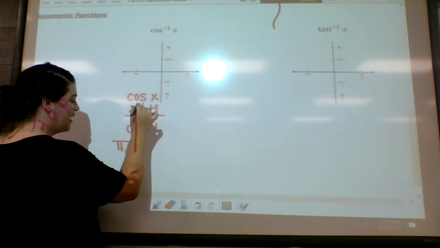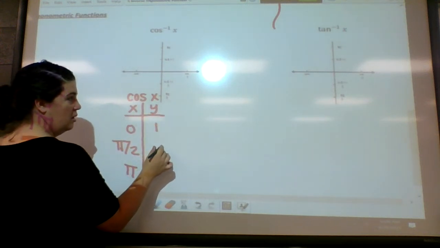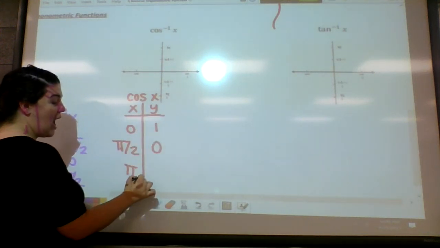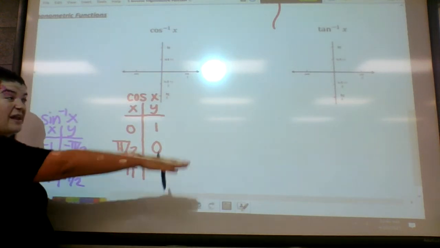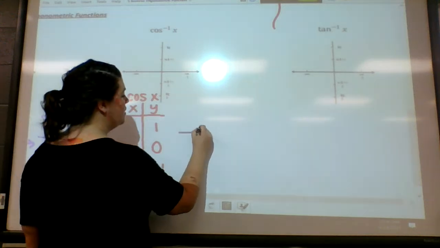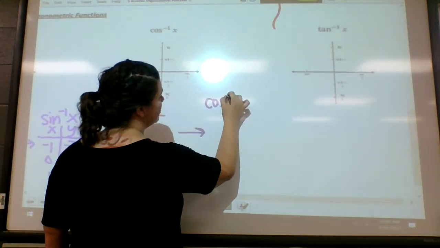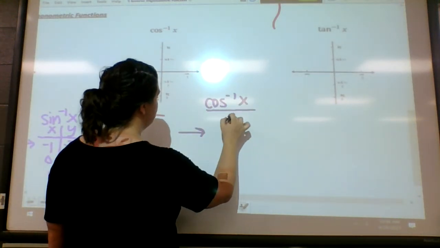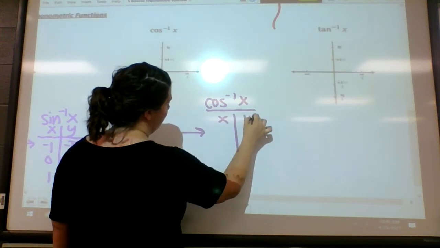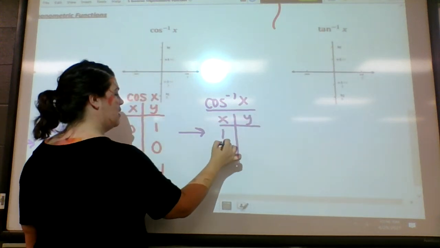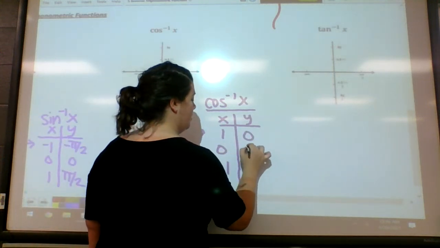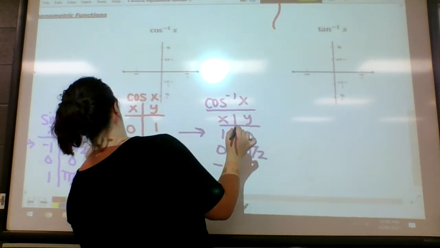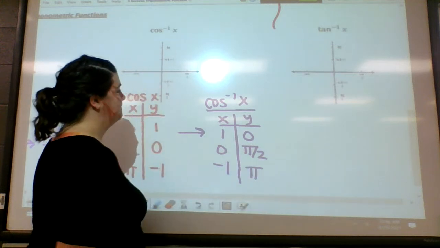The cosine of pi over 2 is 0, and the cosine of pi is -1. Just regular cosines. And so all you have to do to get the cosine inverse graph is flip your x's and y's. So this will be 1, 0, -1, and then 0, pi over 2, and pi.